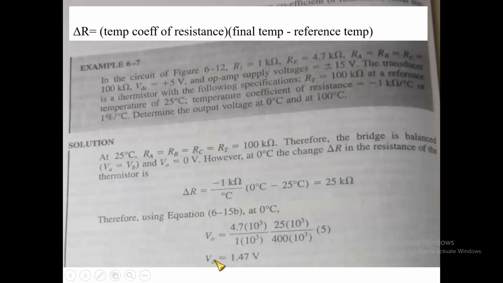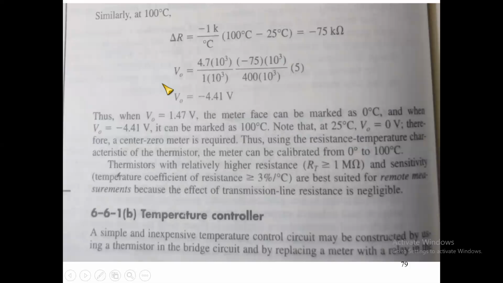So you'll get 1.47 volts. Similarly, if the temperature changes to 100 degrees, then del R will be minus 1 kilo ohm per degree centigrade multiplied by 100 degrees centigrade minus 25 degrees centigrade, that will be minus 75 kilo ohms. So the only change is minus 75 kilo ohms.